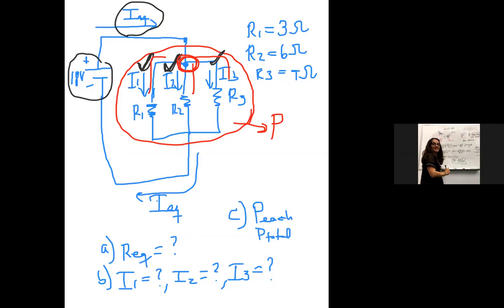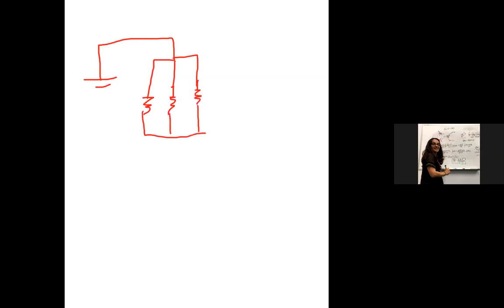So I'm going to draw a new circuit here. This one's getting a little bit sloppy. So let's do this, and then we've got 1, 2, 3, and then they all come back together to my battery. So over here, this is the equivalent.